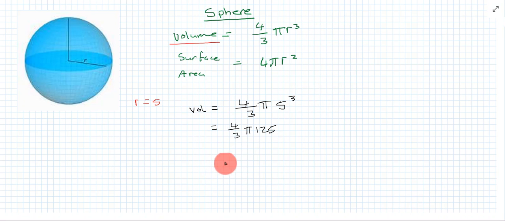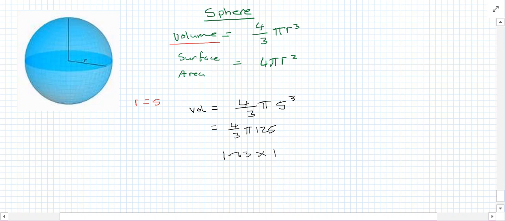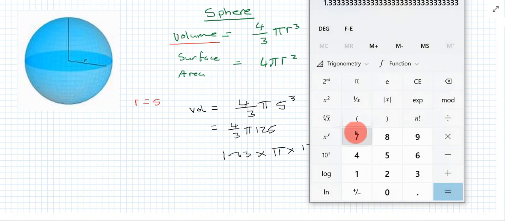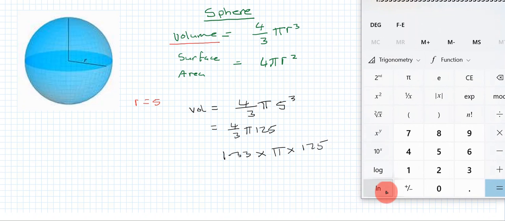So this is going to be equal to 1.33 multiplied by pi multiplied by 125.